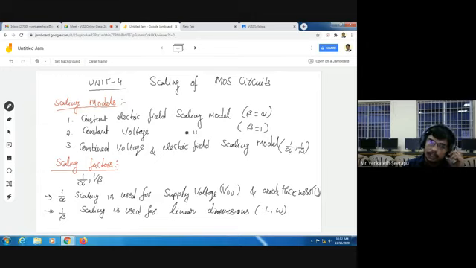For constant electric field scaling, beta equals alpha. For constant voltage scaling, beta equals 1.